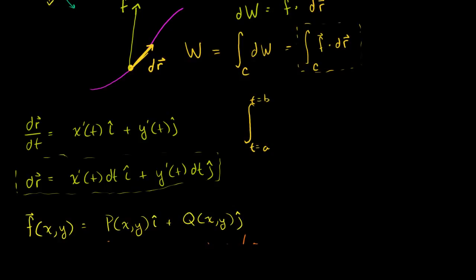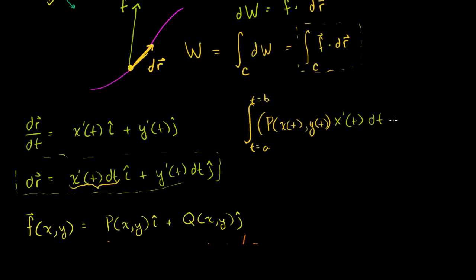Well, if you remember what the dot product is, you essentially take the product of the corresponding components of your vectors and add them up. So this is going to be the integral from t equals a to t equals b of p of x of t, y of t, because x is a function of t, y is a function of t, times this component, we're multiplying the i components, so times x prime of t dt.